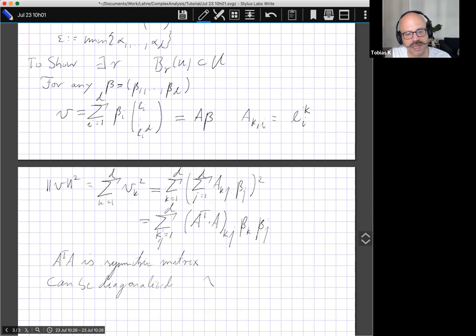And let me write the eigenvalues as lambda 1, ordered by size.